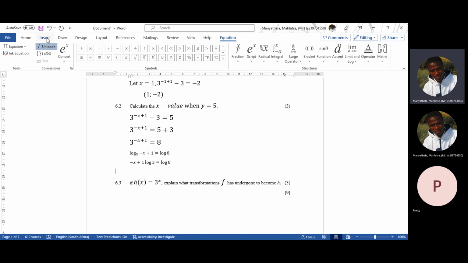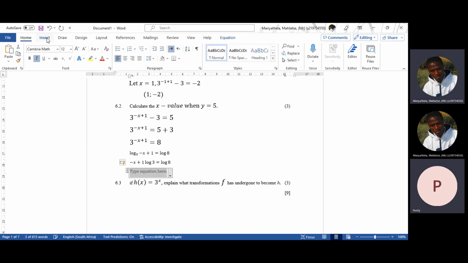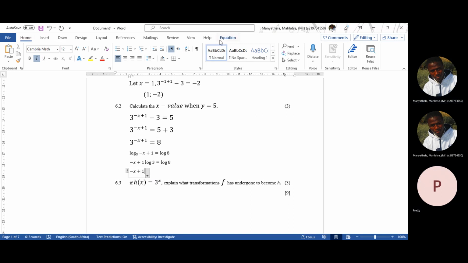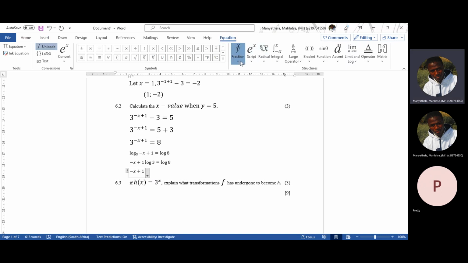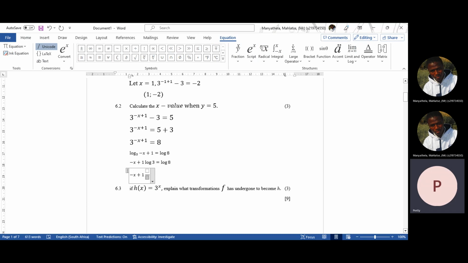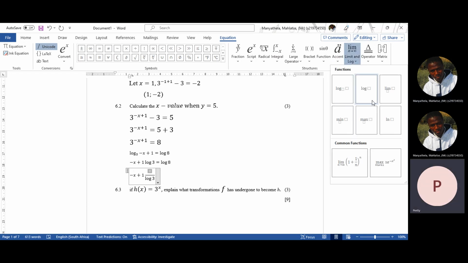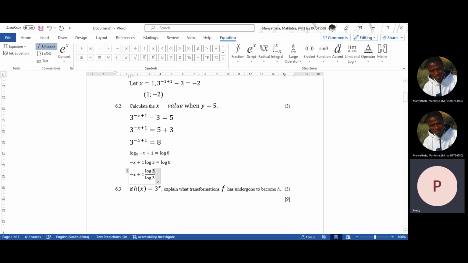So we'll have negative x plus 1, log 3 divided by log 3, is equal to log 8 over log 3.